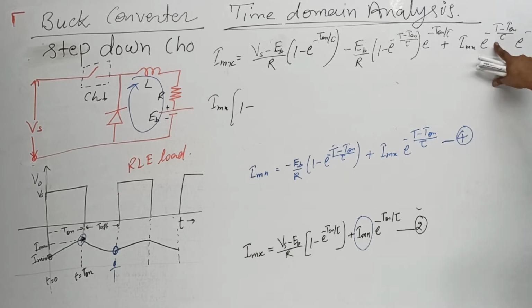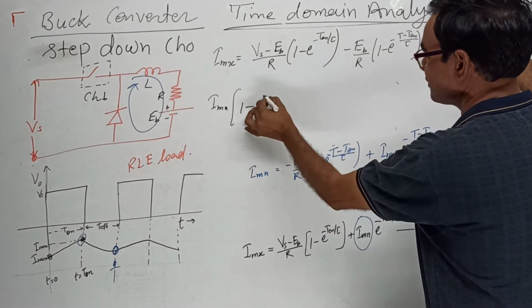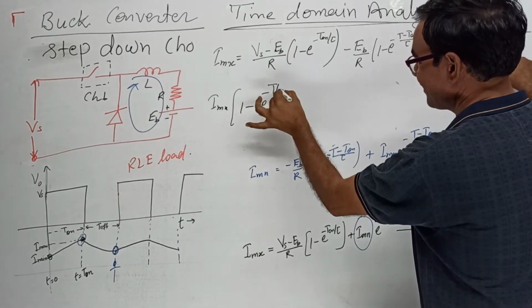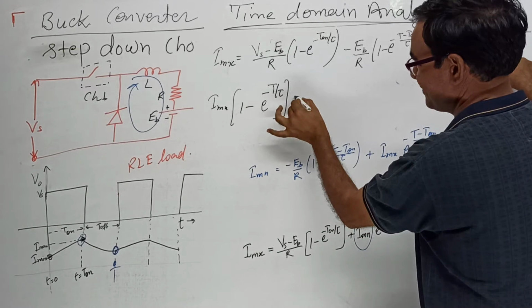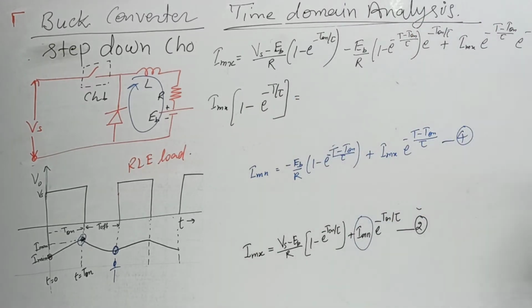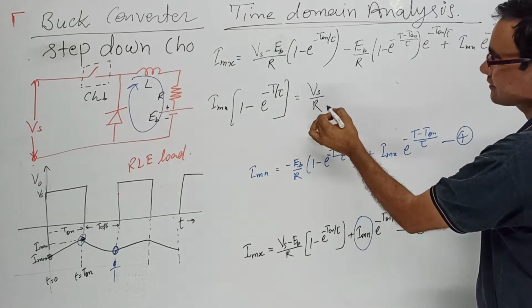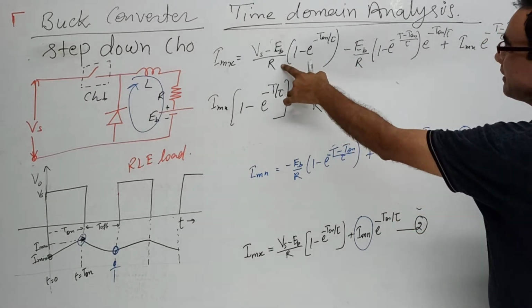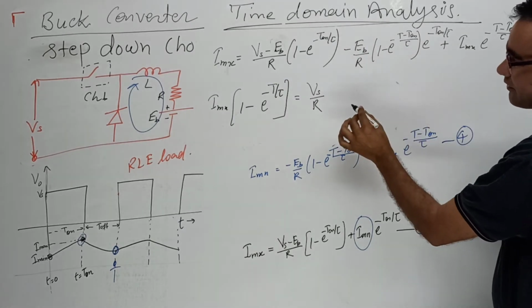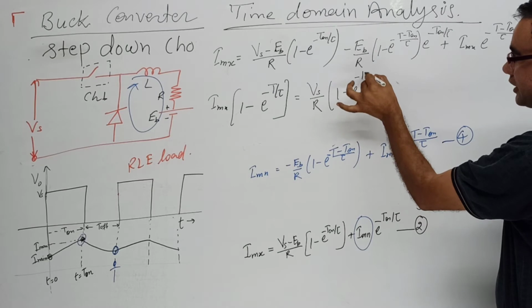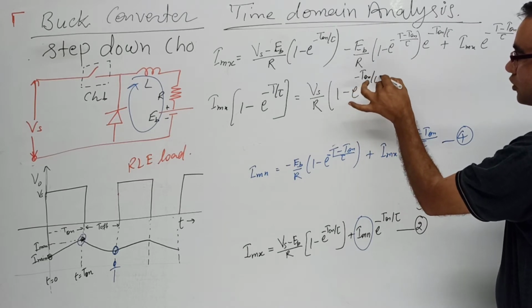So it becomes 1 minus e raised to power minus T by tau only. Okay, this is very simple. It is equal to Vs upon R, EB and EB are here, so we'll simplify that. So Vs upon R, 1 minus e raised to power minus T on upon tau.